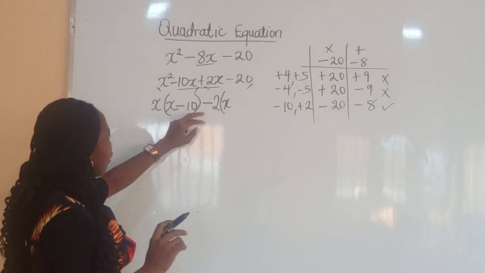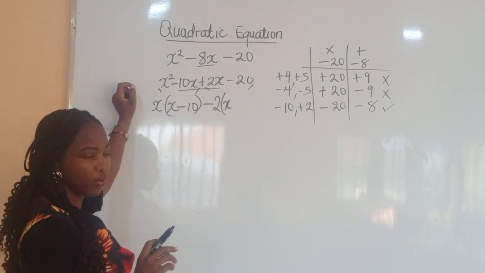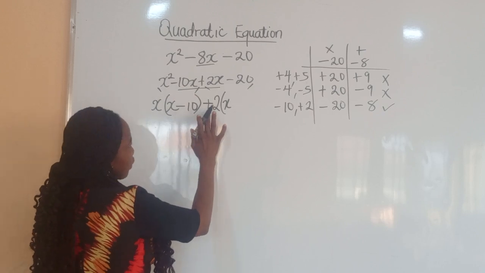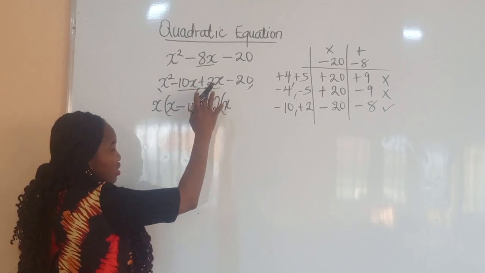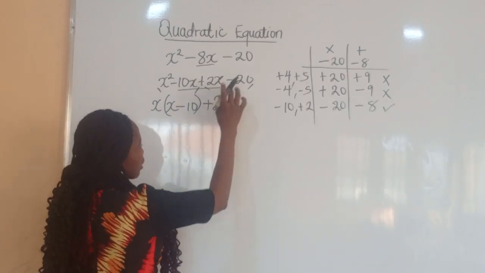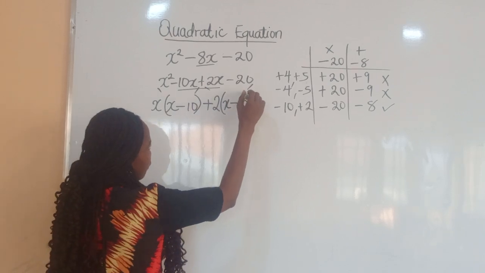But if I look at this, minus times plus is not plus, it is minus. So I'm going to change this to plus. So plus times plus is plus, 2 times x is 2x. Plus times minus is minus, 2 going into 20 is 10.